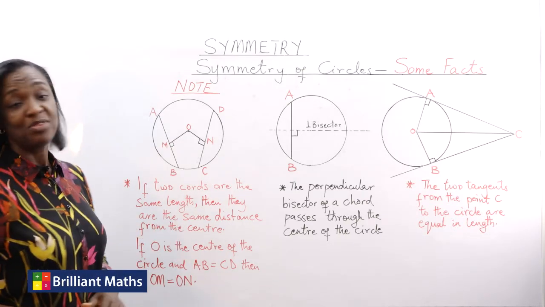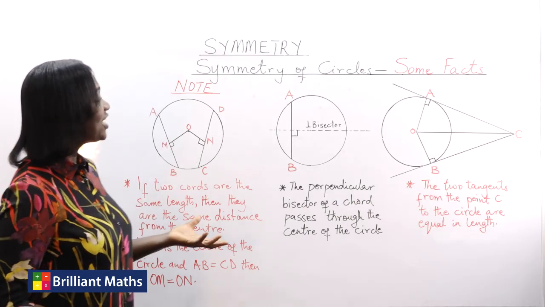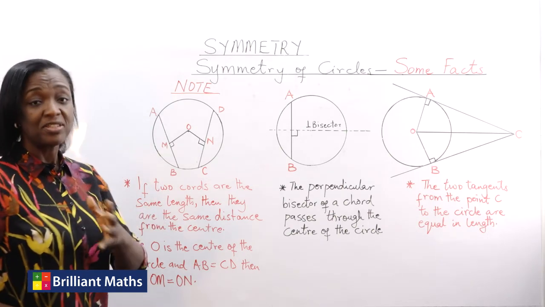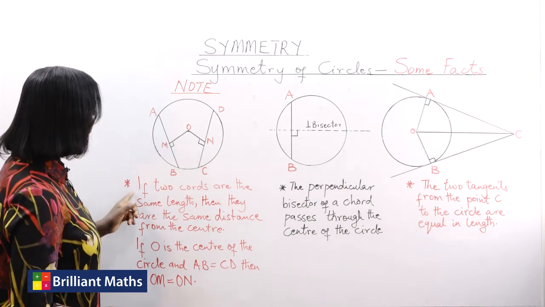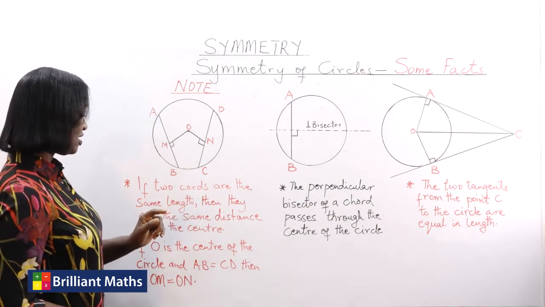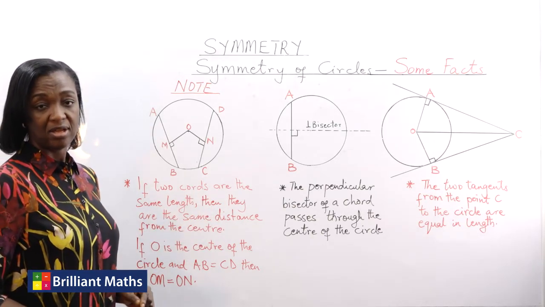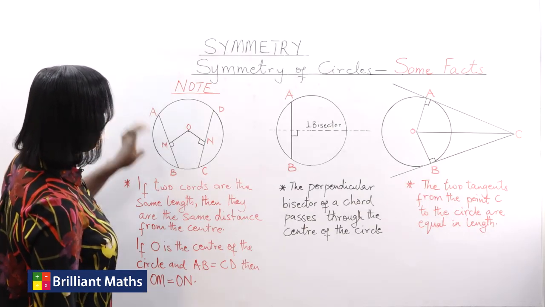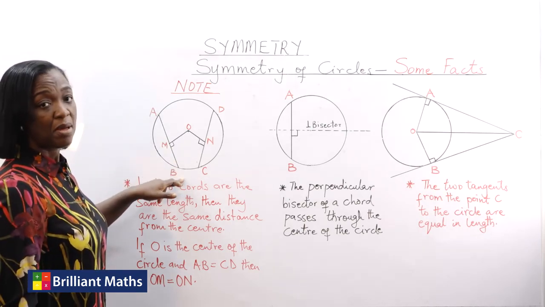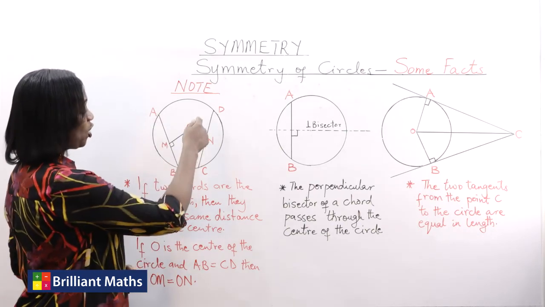In this part of the lesson, we want to look at symmetry of circles. Let's look at some facts regarding the symmetry of circles. So we have a circle, and the first fact says that if two chords are the same length, then they are the same distance from the center. So we have a chord AB from one part of the circumference to another, but as we can see, it's not passing through the center. So we have a chord AB and chord CD.